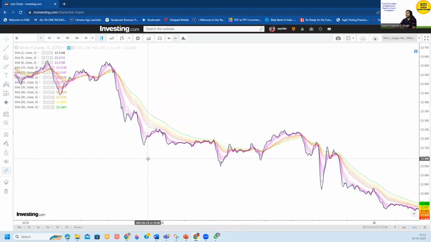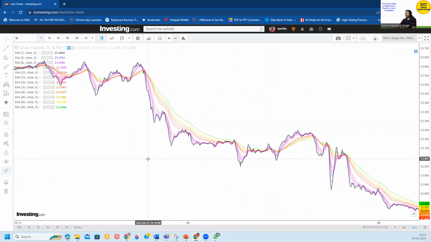As per this concept, wherever there is a narrowing down happening, that means all these EMAs are coinciding together, and after that a crossover is happening. Based on that, you can decide to take the trades. So this was just an example.